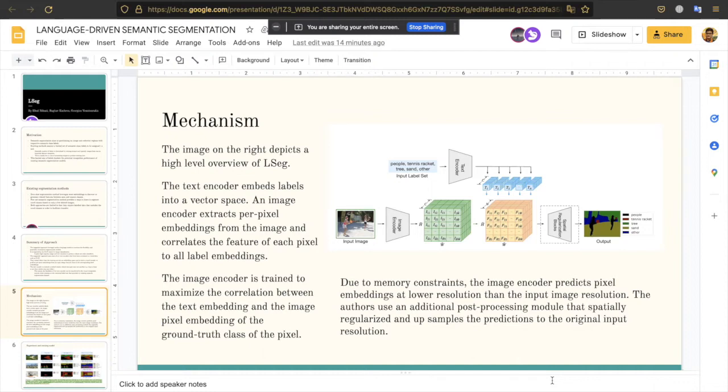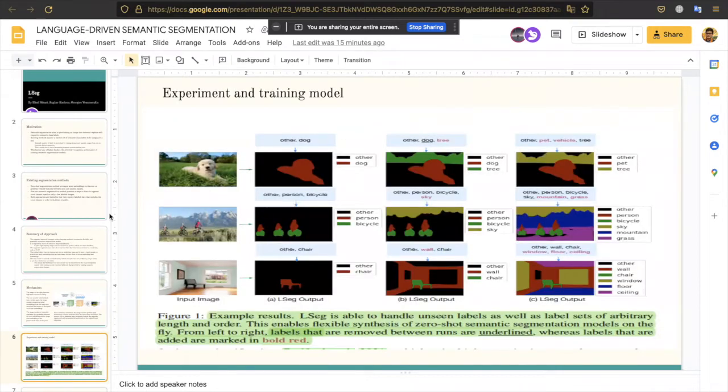So to regularize that, the spatial regularization blocks are put in before the last step, so that the output is always consistent. Of course, after the process is done, you can always upsample the predictions to the original input resolution, so the image does not come out as distorted or low resolution.